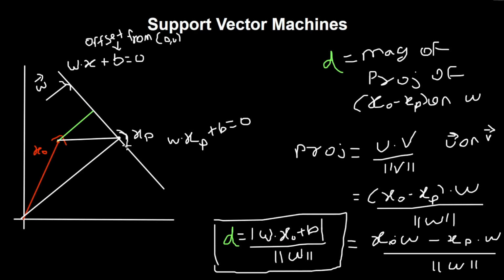This vector here is the vector subtraction between x0 and xp. I'll draw it in yellow. So that is x0 minus xp.